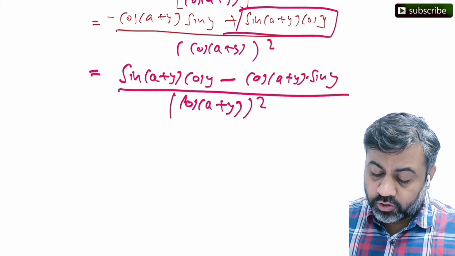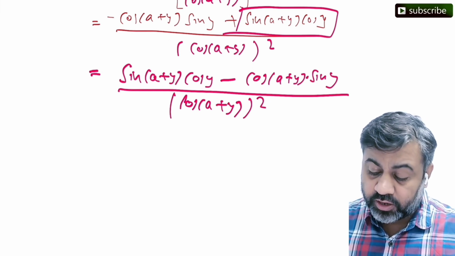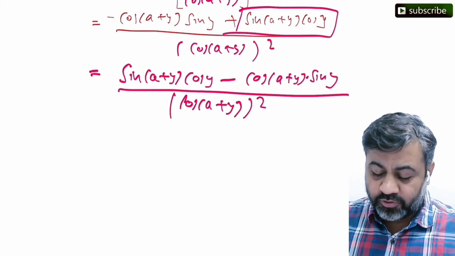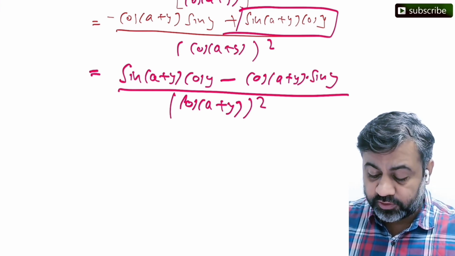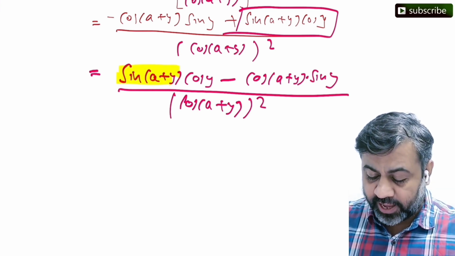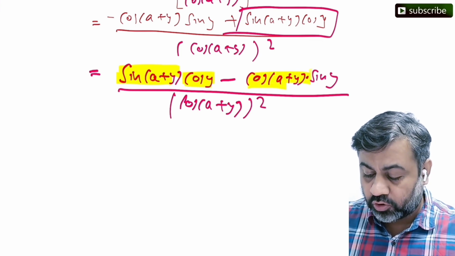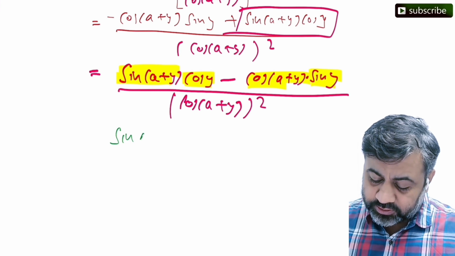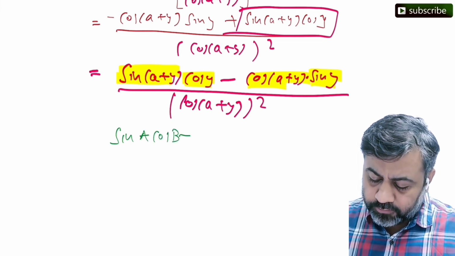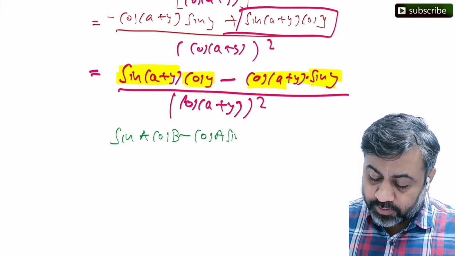Now observe karo, in the numerator I am having a concept of trigonometry. Is it? Observe this nicely. Don't you think this is sin a cos b minus cos a sin b type? Recall this. What is sin a cos b minus cos a sin b?